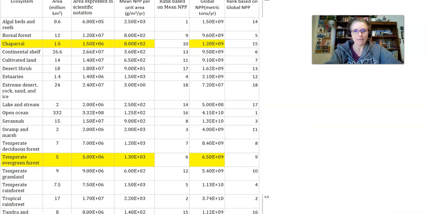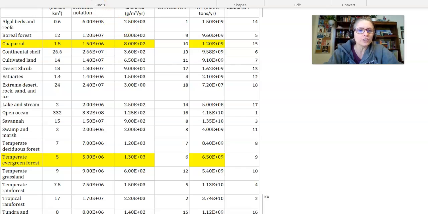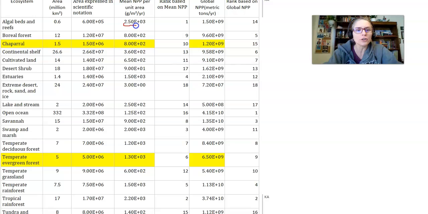And wait, what's wrong? There's all these weird numbers and letters. Miss Maycut, what are you trying to do to us? I'm trying to mess with your heads. Can't you tell? No, it's not that hard. We got this. So here's your 2.5 right there. This was the original mean net primary productivity, 2.5 E to the third power, right?